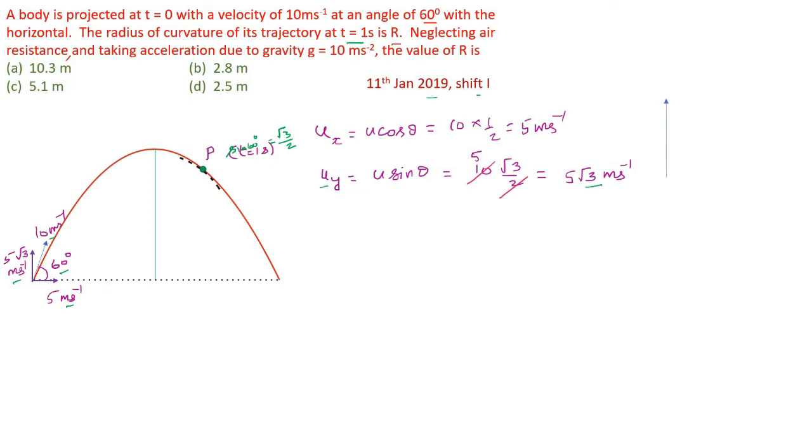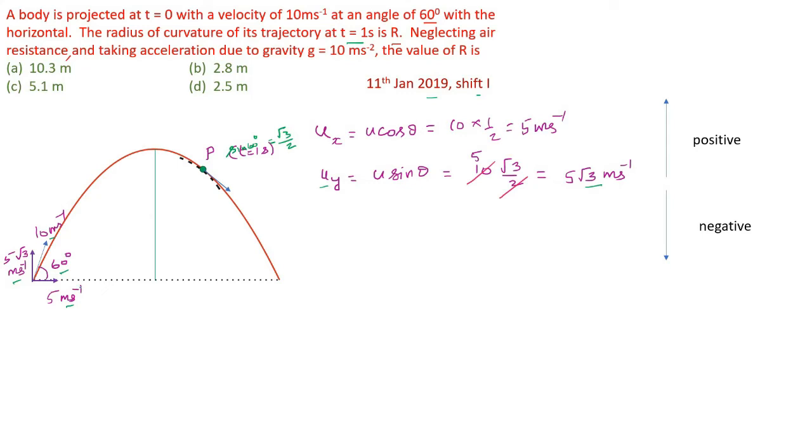The sign convention we will follow is upward positive, downward negative. You can even take the other way around, that does not matter, but accordingly you will have to proceed. Now coming to this point P, this is the net velocity V, which can be resolved into horizontal and vertical components.